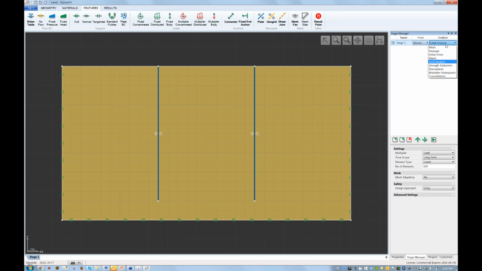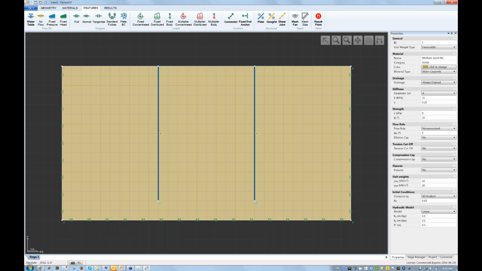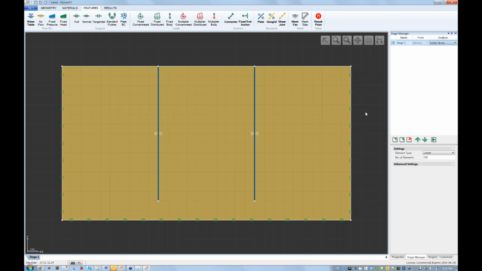So that's done via the dedicated initial stress analysis, which basically determines a stress field that satisfies equilibrium and the failure criterion and so forth, and also makes sure that you comply with the earth pressure at rest conditions. So K0 in this case is 0.43, which corresponds to the 1 minus sine phi relation, but it could be any number here, and the initial stress analysis then generates a stress field that complies with this earth pressure coefficient.